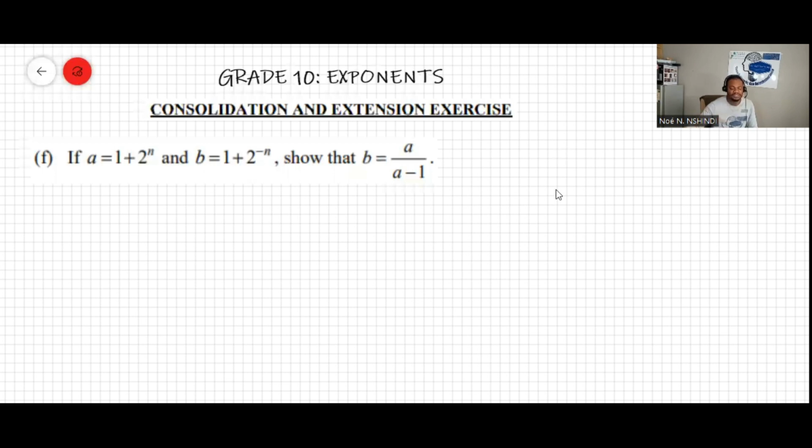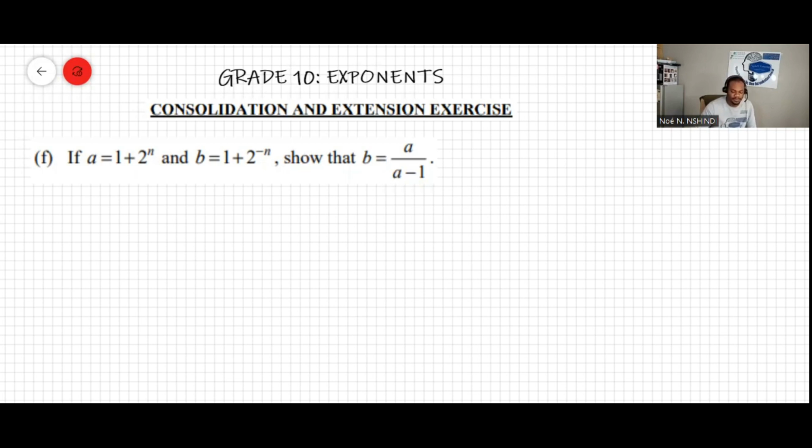Question F says if A equals 1 plus 2 to the power of n and B equals 1 plus 2 to the negative n, show that B equals A over A minus 1. We just need to prove it.